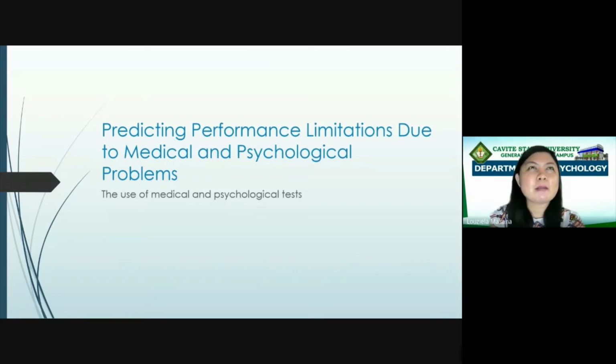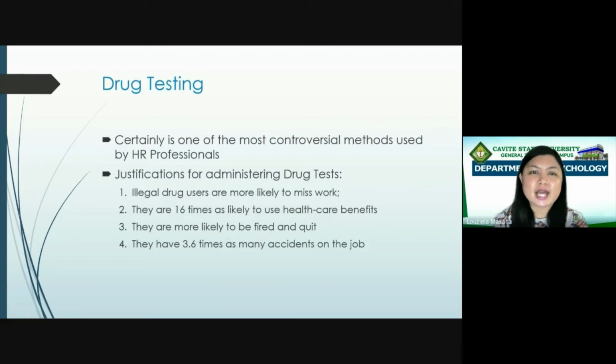Kaya nga, bago magkaroon ng placement ng isang tao sa company, tinitingnan, di ba, kung physically fit siya. And of course, psychologically fit doon sa trabaho. Kasi it will affect the performance and how the person performs or manages the job that he or she has.